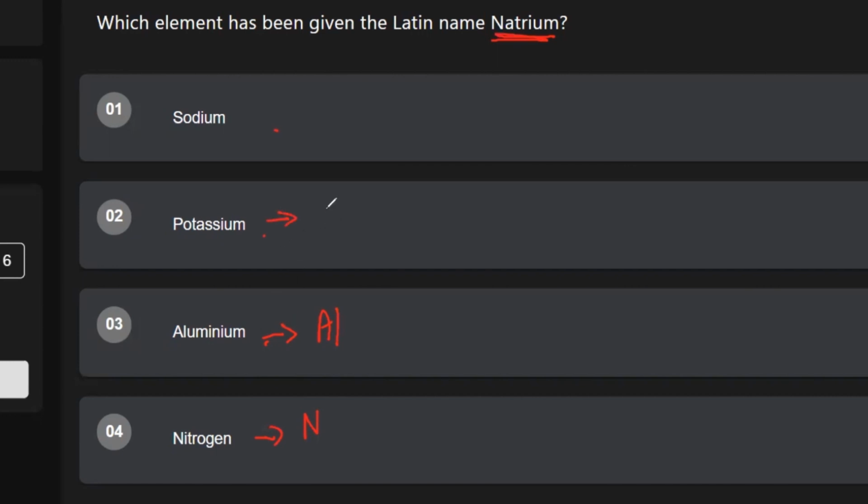Then potassium has a symbol K. There is no K in the English word potassium. So potassium is also derived from its Latin name, which is kalium. And sodium, what is the symbol for sodium? Sodium is Na. So now it's quite obvious which element came from its Latin name, natrium. It's in fact sodium. Sodium's symbol is Na because of its Latin name, natrium.